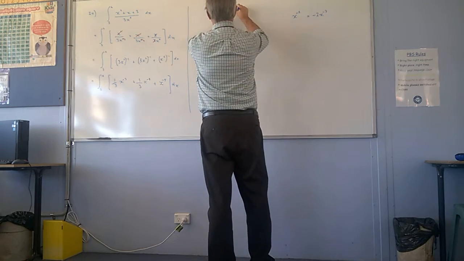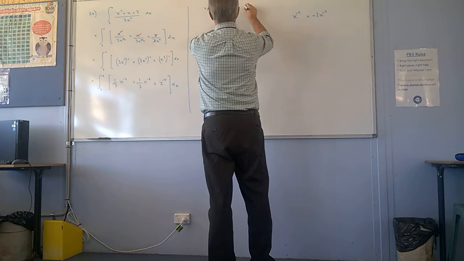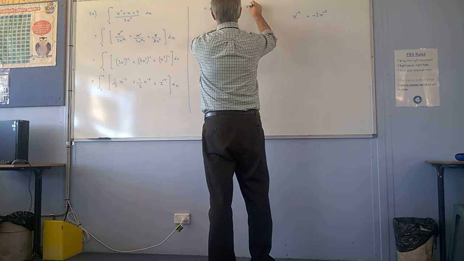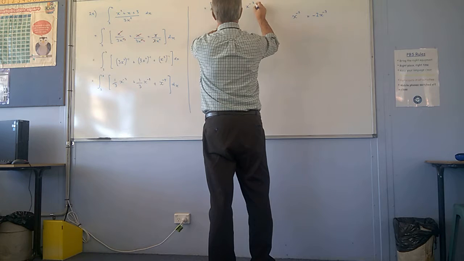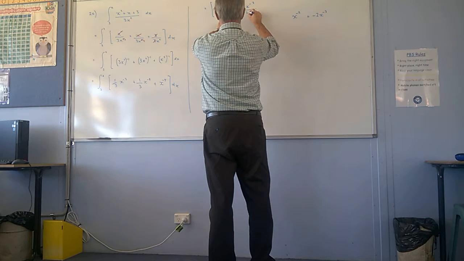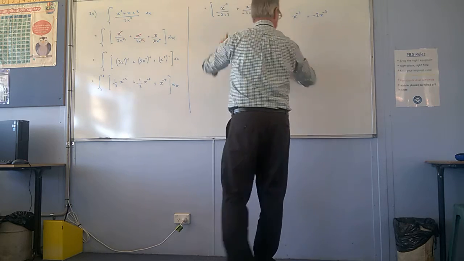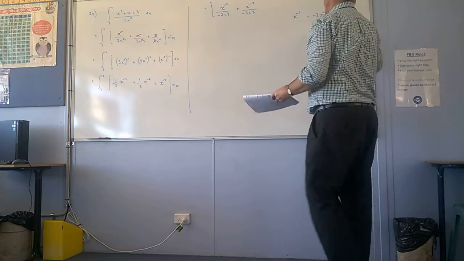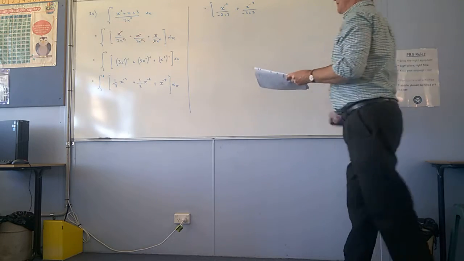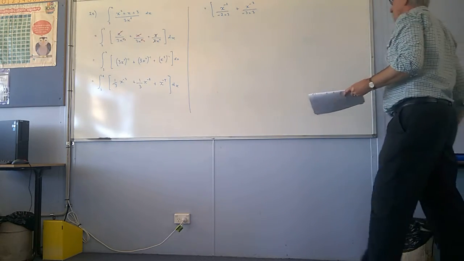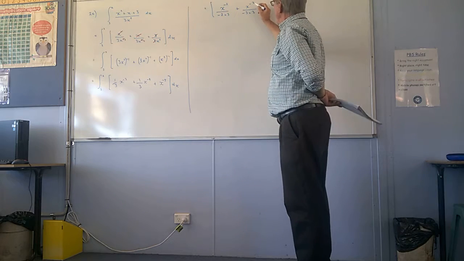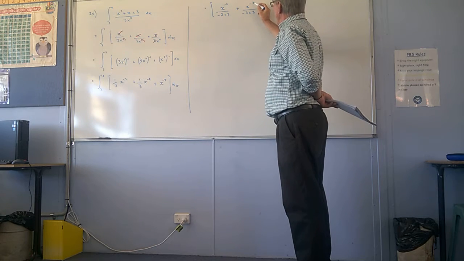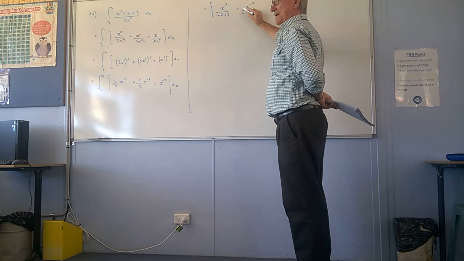So, plus x to the minus 3 over minus 3 times 3. Because you've got to think, if I'm going to find the derivative of that, I'm going to multiply it by minus 3.